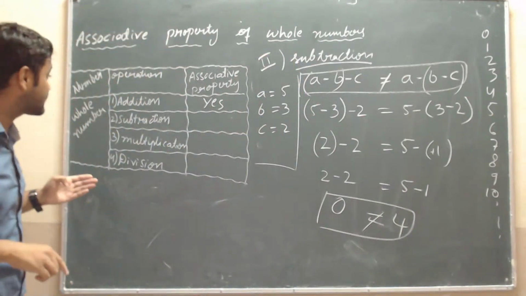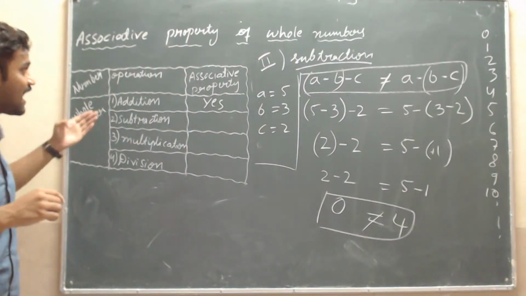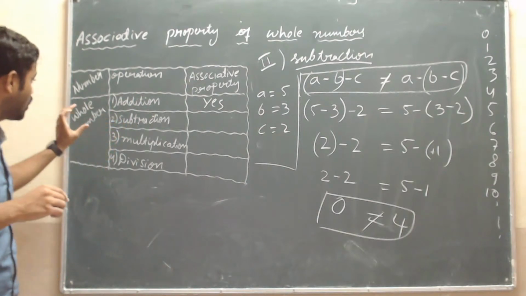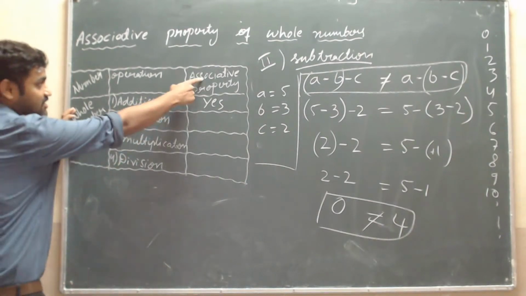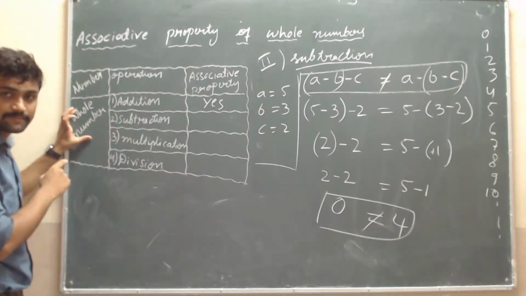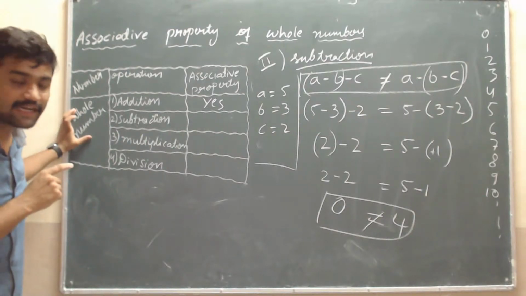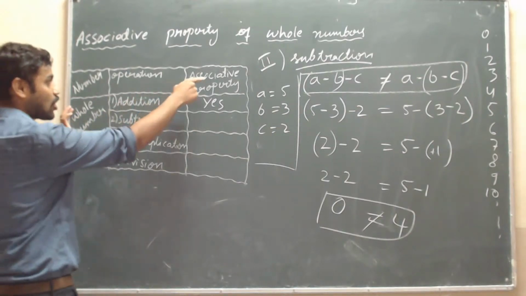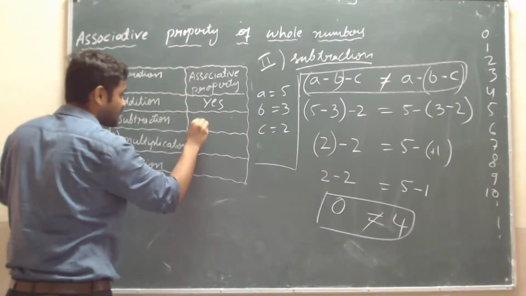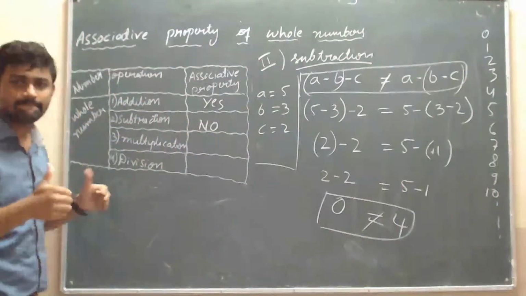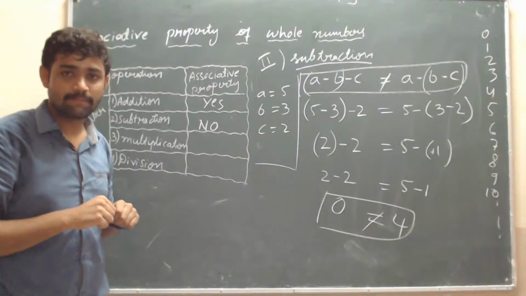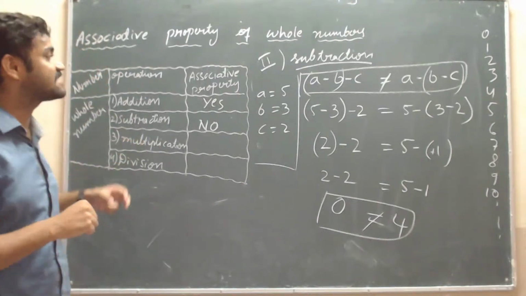Then in standard language we can say that whole numbers are not associative under subtraction. We can say no. Then move to the third operation, that is multiplication.